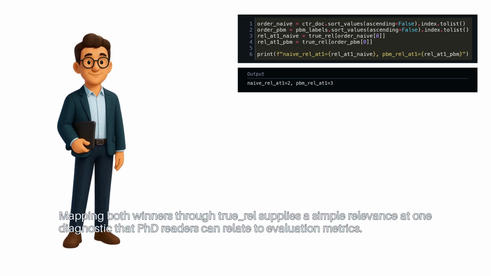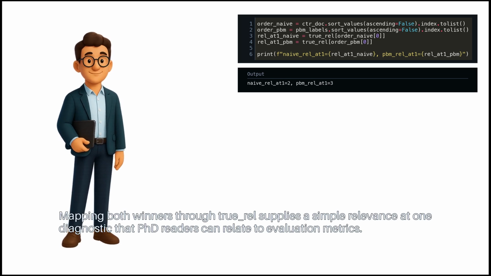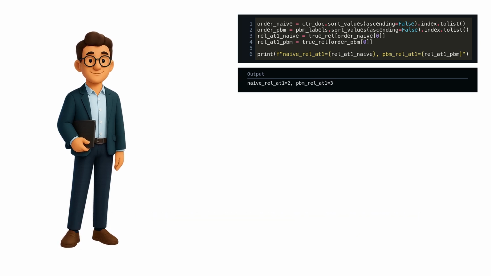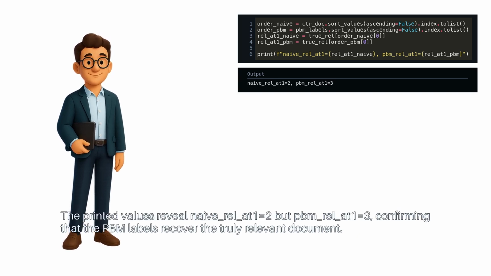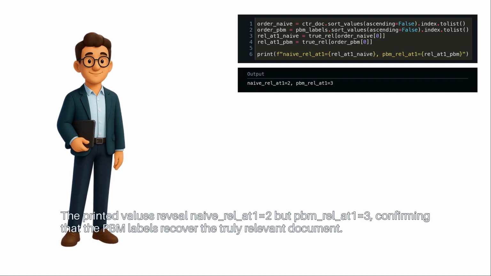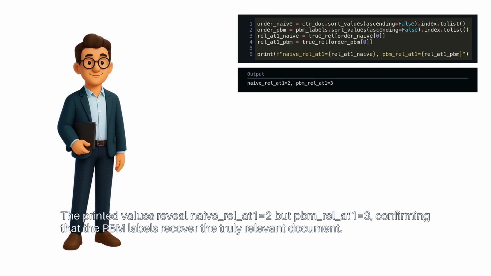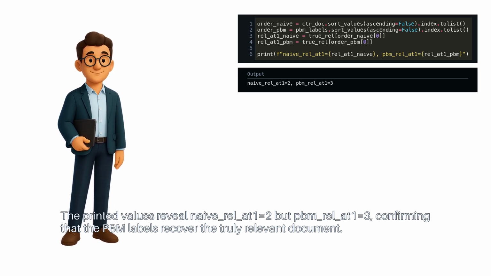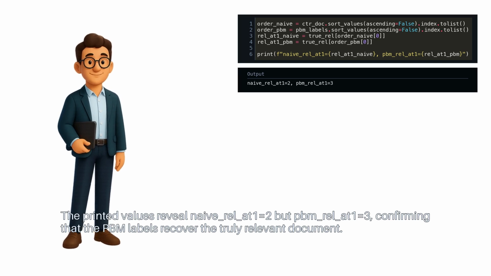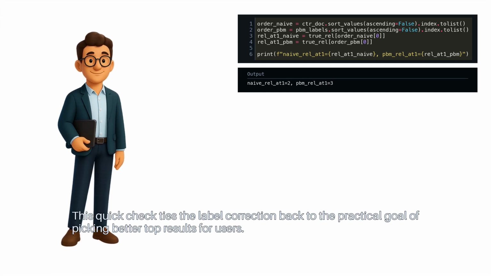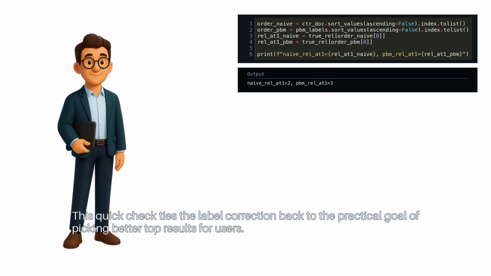Mapping both winners through true_rel supplies a simple relevance at 1 diagnostic that PhD readers can relate to evaluation metrics. The printed values reveal naive rel at 1 equals 2, but PBM rel at 1 equals 3, confirming that the PBM labels recover the truly relevant document. This quick check ties the label correction back to the practical goal of picking better top results for users.